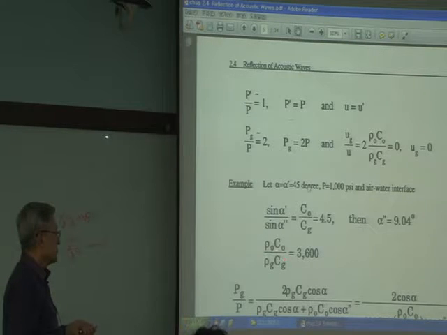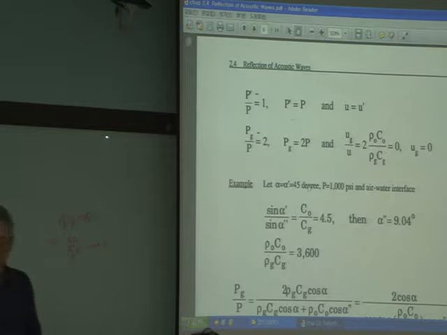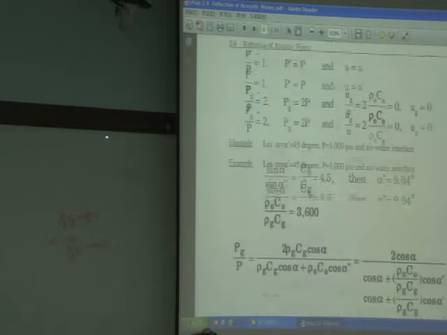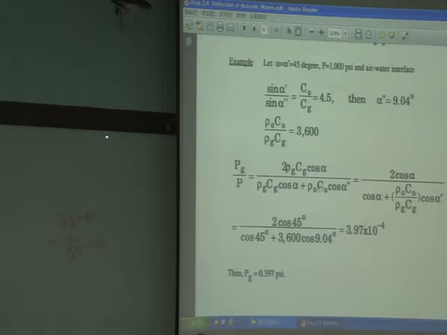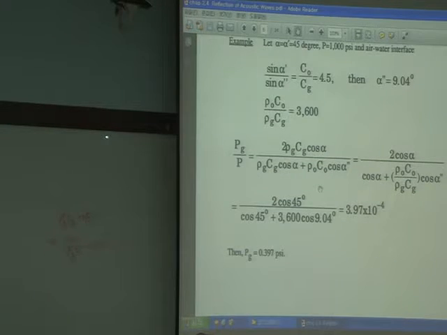And the ratio of the impedance is 3600, as a very good approximation. And PG over P, if you compute that, is right here. Watch here.